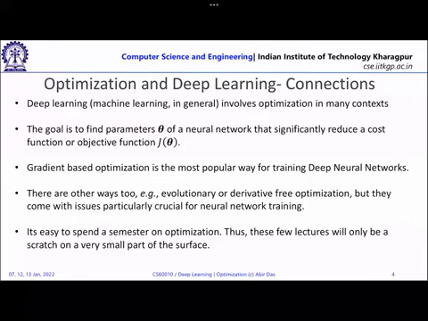So what is the cost? It is how far your model's prediction is from the ground truth, and that gives rise to the cost. If the distance is more, then the cost is more. This idea fits perfectly with the philosophy of optimization, because in optimization also, with respect to a cost, we try to find the best set of parameters.